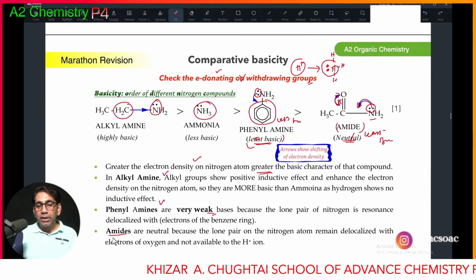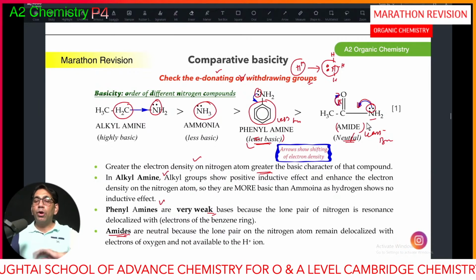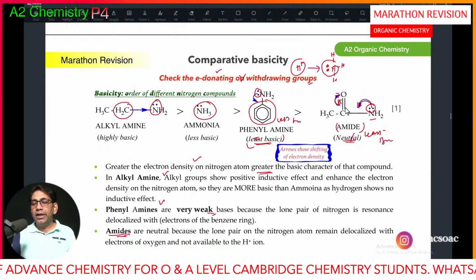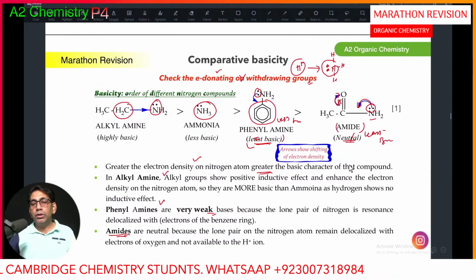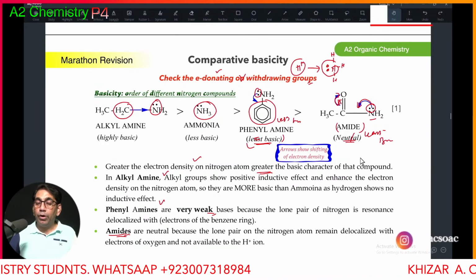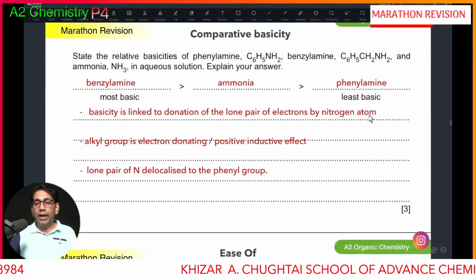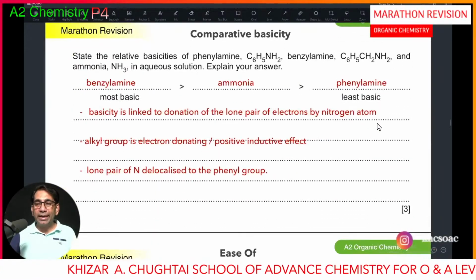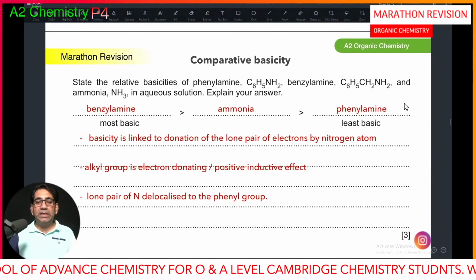But in imide, this lone pair is almost completely utilized in this delocalization. It is no more available for outer H positive ions. So you will have to remember this one. Hopefully you will get the good result, or you will get the good point to report your answer.